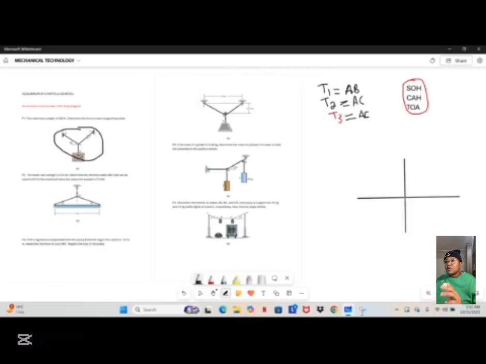So this is our Cartesian plane, but we're actually drawing a free body diagram, and we always know that the object in a free body diagram is always represented by a dot. So we're going to put a dot here to show that this is a free body diagram. These are the forces.